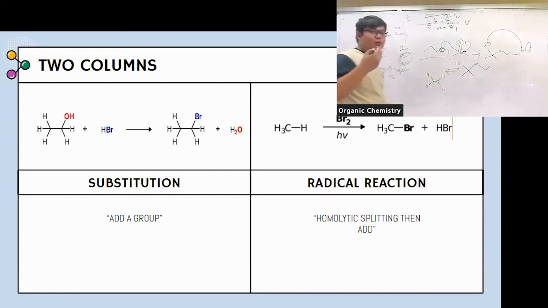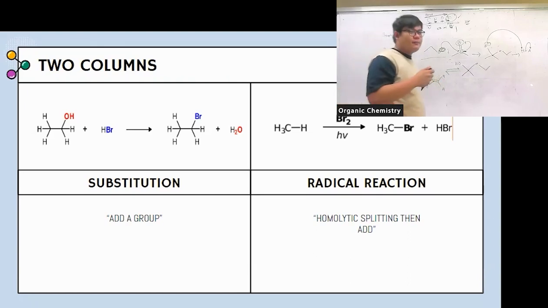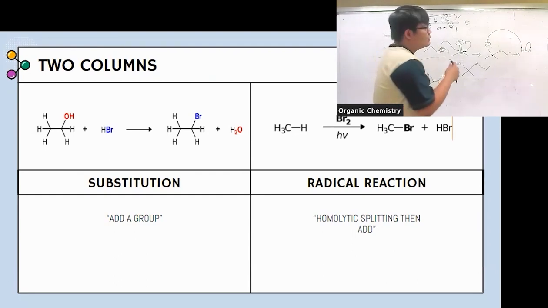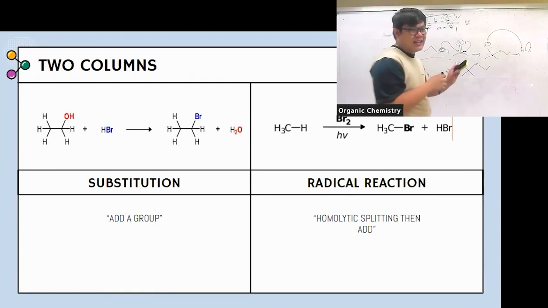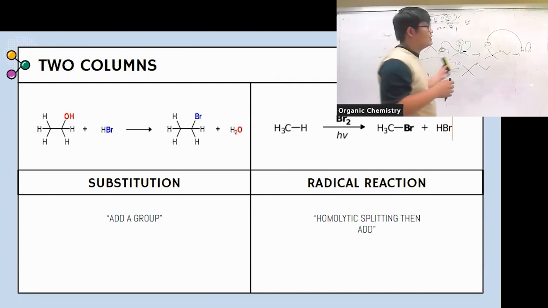Lagi nyo naririnig siguro yan. Yung radical. Di ba? Sabi nila, masama yung radical. Pag kumakain ka ng mga inihaw, nagpo-produce ng radical sa totoo lang. So those radical species are quite reactive at hindi nakaka-cause ng cancer. But in this case, what I want to impart sa inyo, radical reactions don't proceed in normal reaction conditions such as yung substitution, ganun.